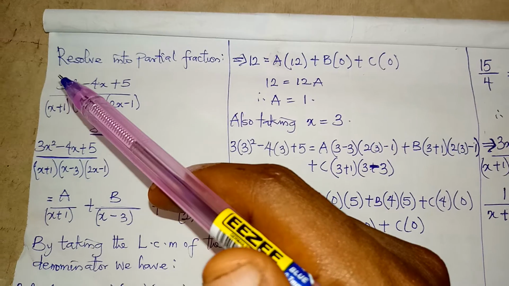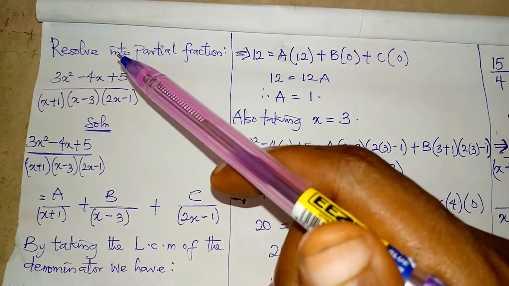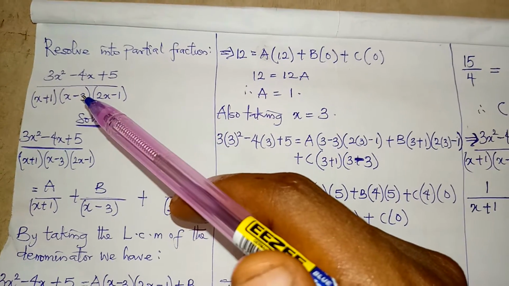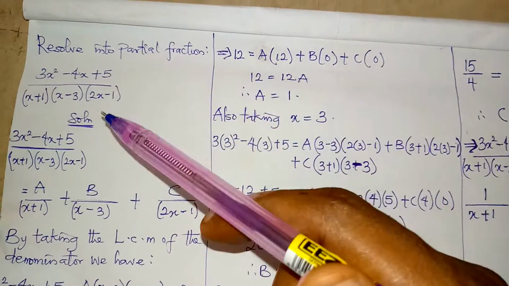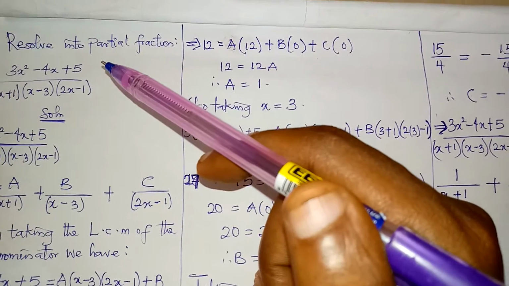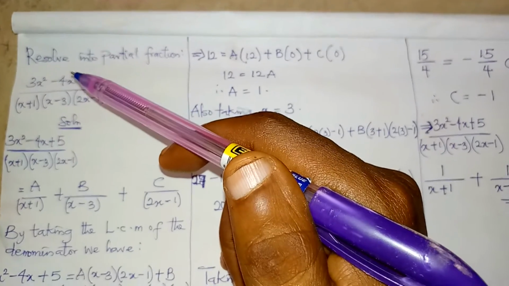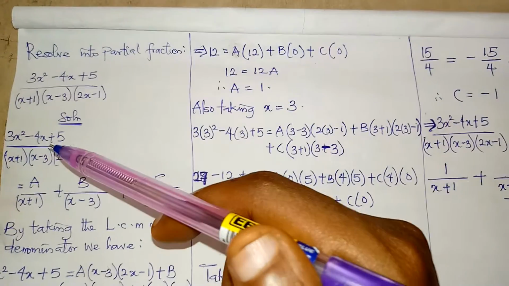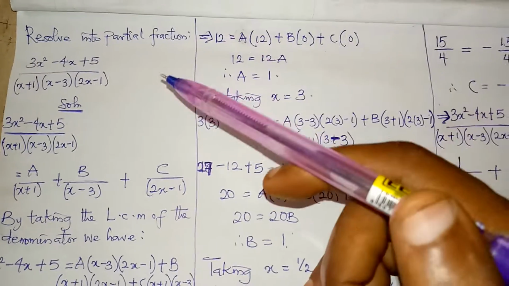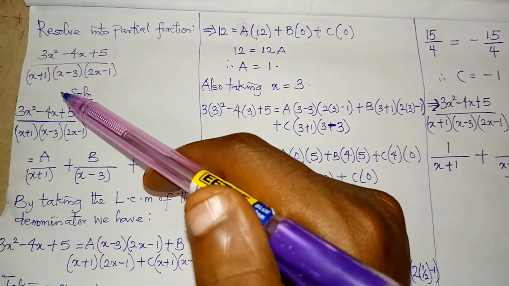Like I said earlier, if you want to resolve this into partial fractions, you have to follow the rules that govern partial fractions. And what are the rules? According to rule 1, if the degree of the numerator is higher than or equal to the degree of the denominator, firstly we resolve using the division method before we move to partial fractions.